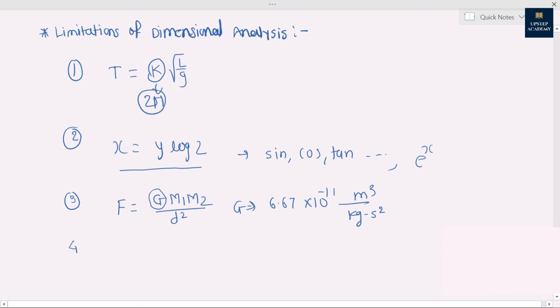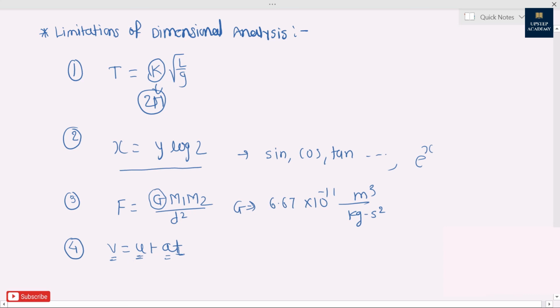Let me tell you the fourth limitation of dimensional analysis. For knowing the fourth limitation, let's take one example. V is equal to u plus at. This is the first equation of motion, which we have taken as an example over here. V is the final velocity, u is the initial velocity, a is the acceleration, and t is the time.